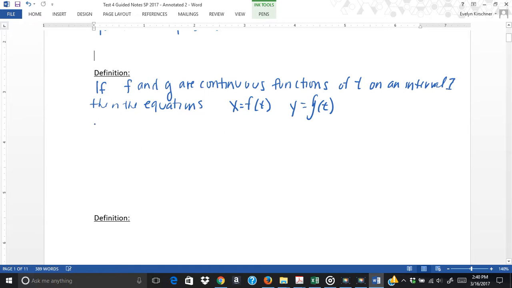These are called parametric equations, and t is a parameter.